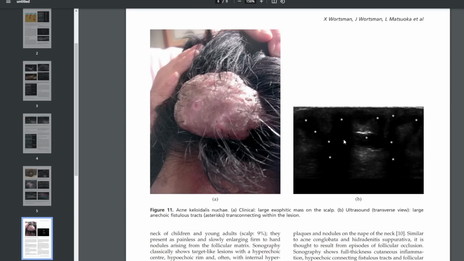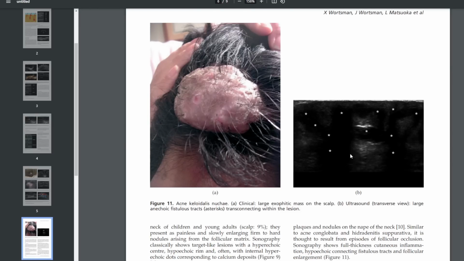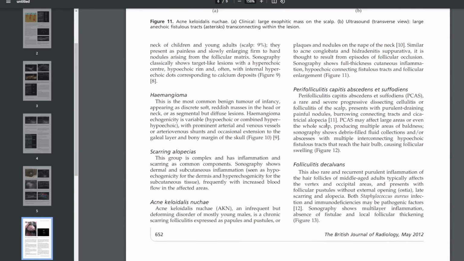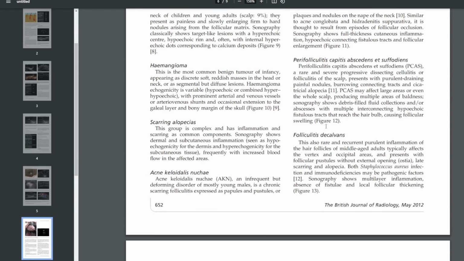Using ultrasound technology in this painless kind of procedure, we're able to see, yeah, this area has a lot of excess tissue, right? This area has a lot of excess tissue, and you can possibly tell if there's fibrosis going on. So this is some pretty interesting stuff.